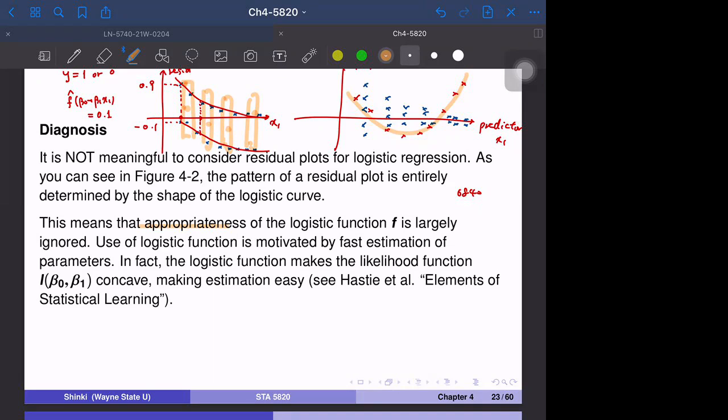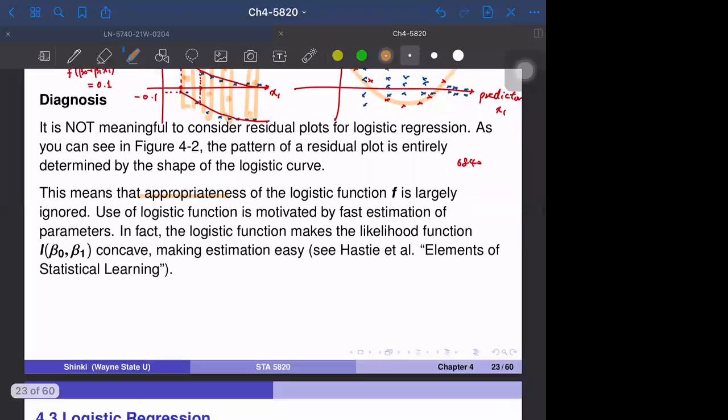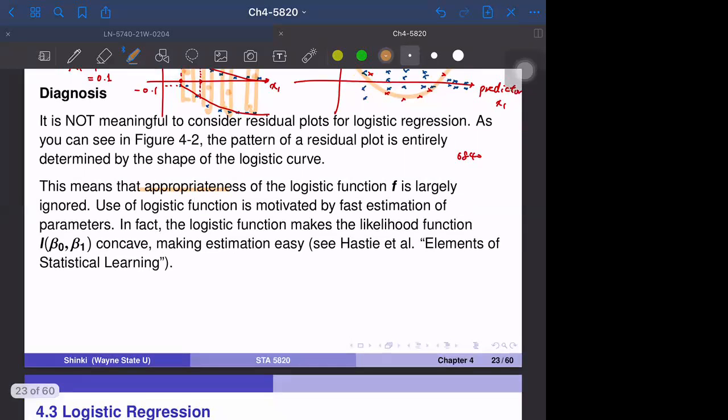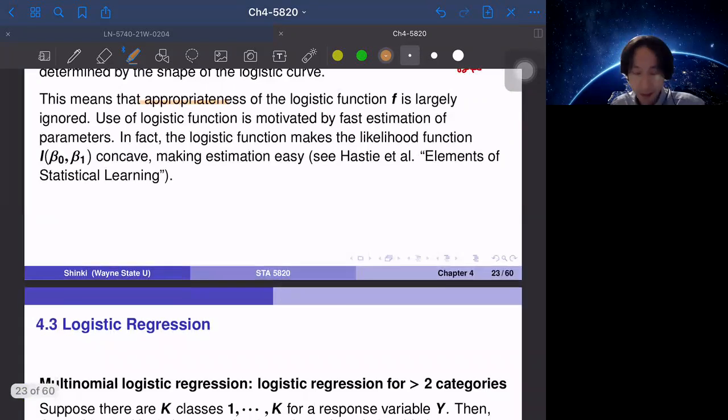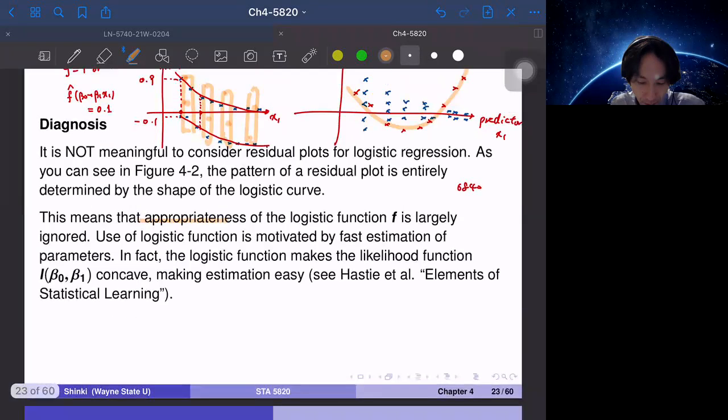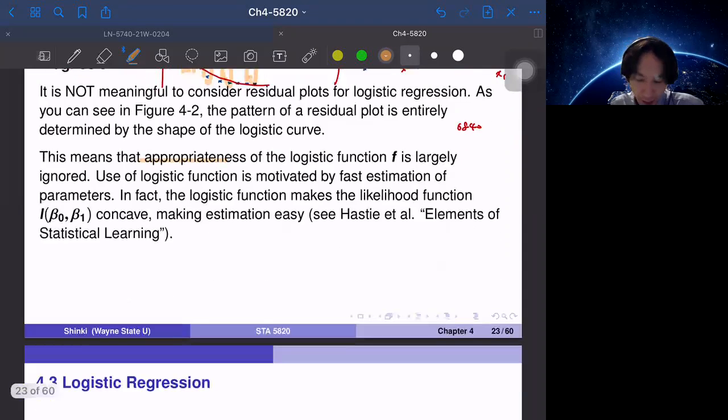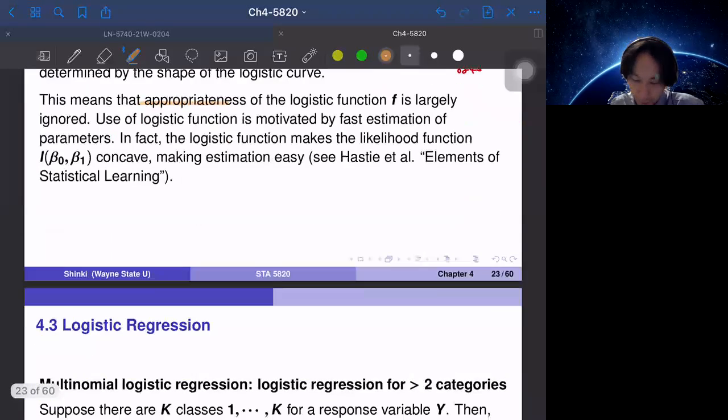Maybe we can cover a little more. At least we can introduce several tests on logistic regression to see if the model is sufficient or not, but we don't cover that in this course.